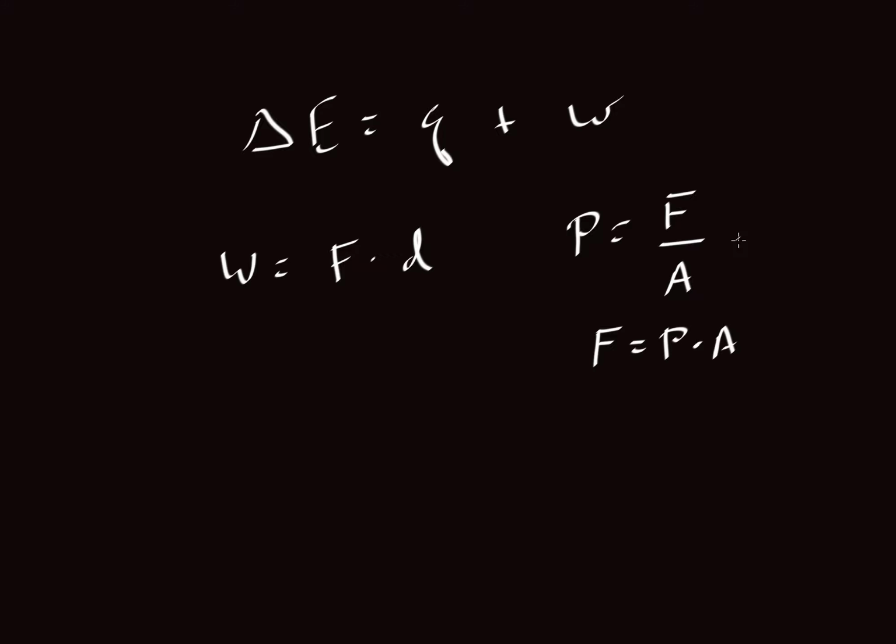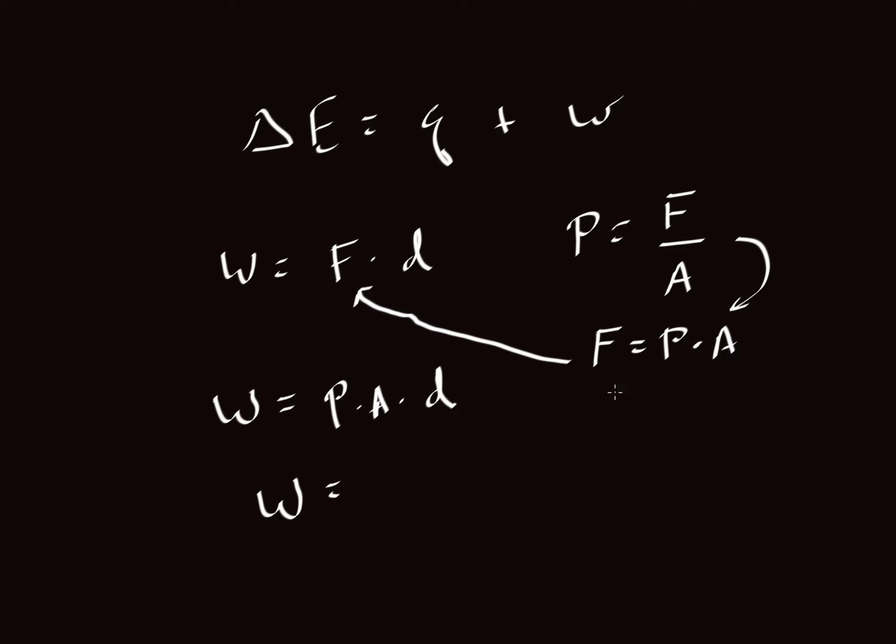So we've just taken this equation here and rewritten it like this. Let's take this concept of force and put it in over here. That means we would have work is equal to pressure times area times distance. And then if we take area times distance, we can combine those two.